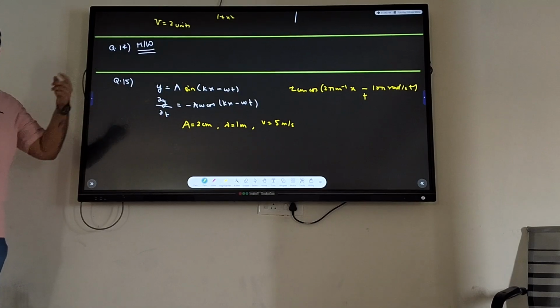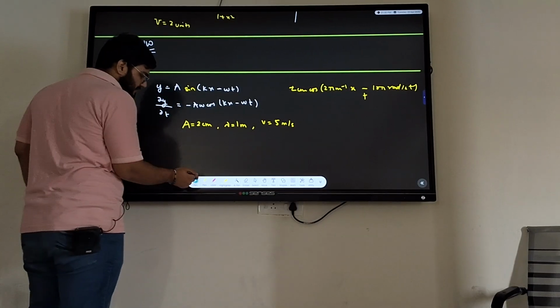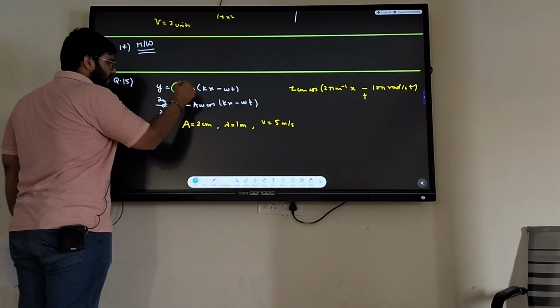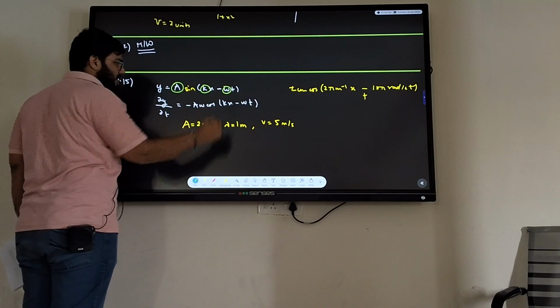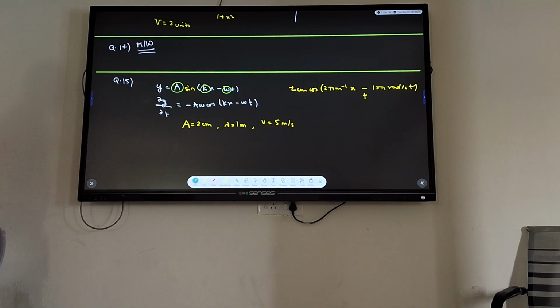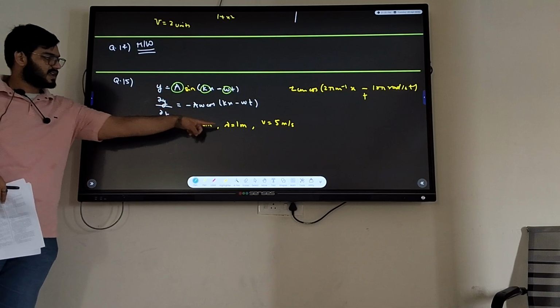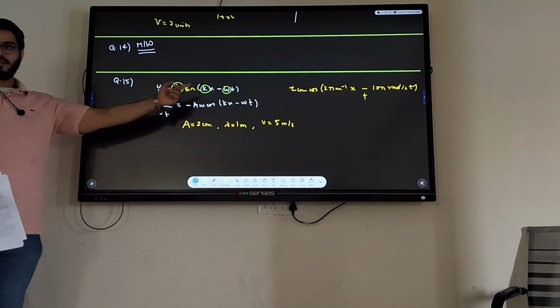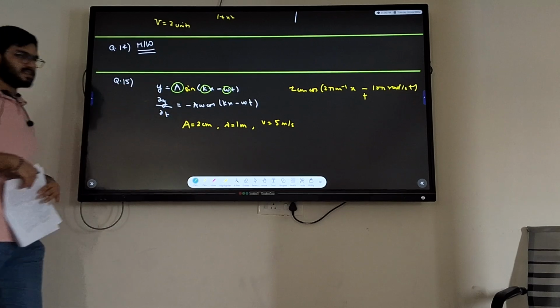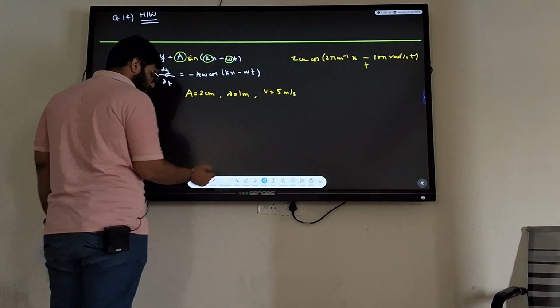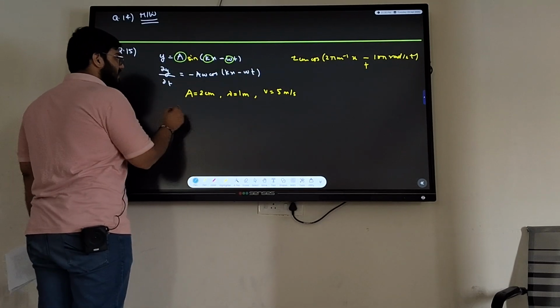When I say describe the wave function, what do you have to write? A, k, omega. If I can find that, then I am done with the question. I already know that it should be sine. A is also given. I can find k by lambda. And then I can find frequency by this velocity. Question done, nothing much to it.